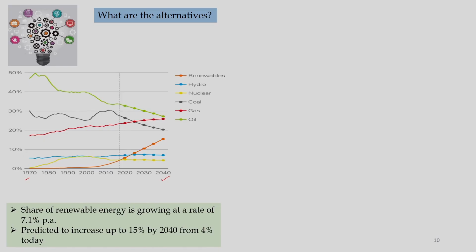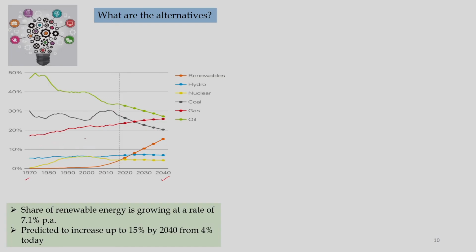So, as you can see, oil production is decreasing with years, and if we see coal, it is sometimes decreasing, increasing, and then the recent trend is to decrease, and it is predicted that coal utilization will decrease in coming years.